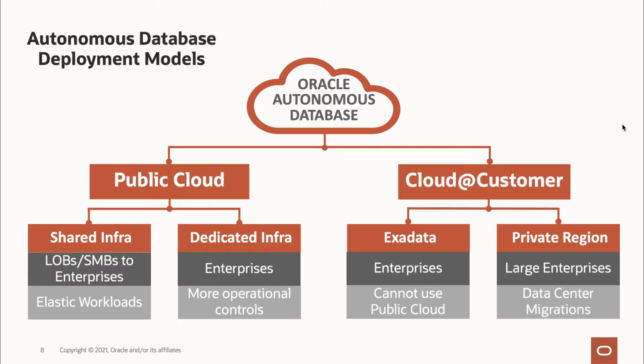And then on the right-hand side, you have Cloud at Customer, which is autonomous database in your private cloud behind your network and is not connected to the internet at all. The two deployments there are your Exadata machines, which are similar to your dedicated infrastructure in the public cloud, but behind your private network, also targeted towards bigger enterprises, but that cannot use the public cloud for compliance reasons. And then, of course, we have a private region for those very large enterprises that have a huge amount of migration happening from their data center into a private cloud.